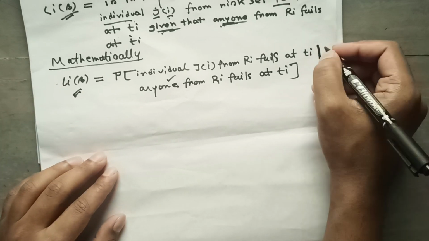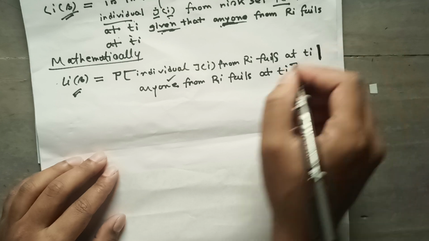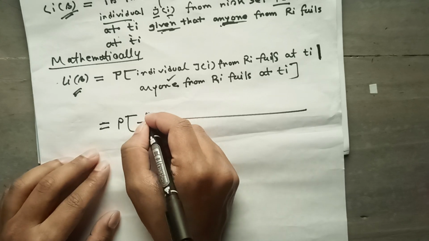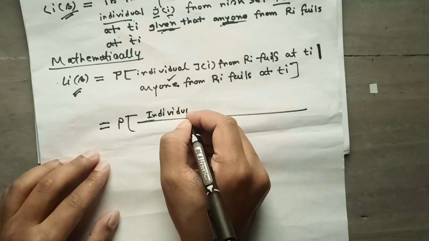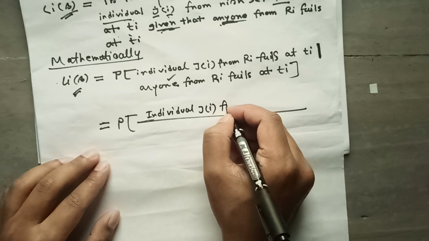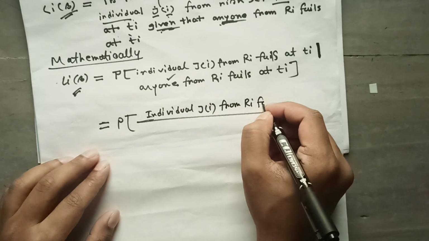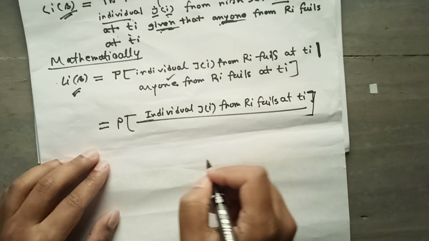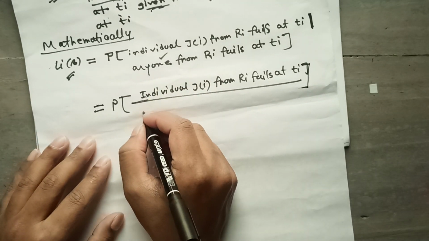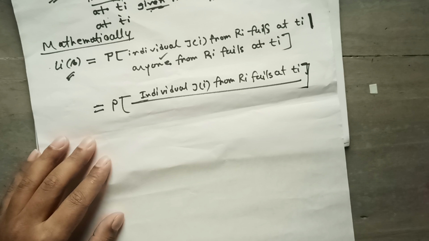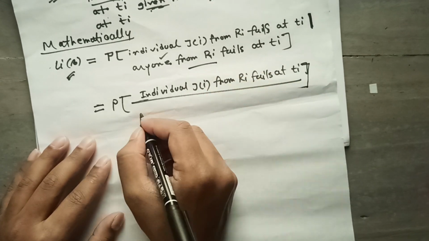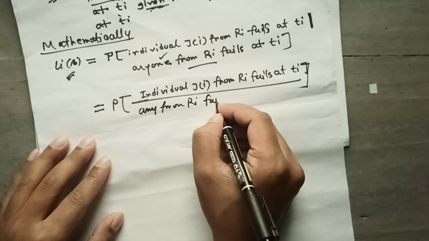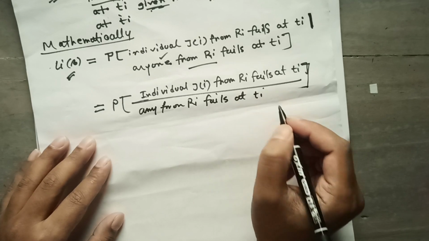This can be expressed as the probability that individual Ji from Ri fails at Ti, and at the denominator, it will be the probability that anyone from Ri fails at Ti.